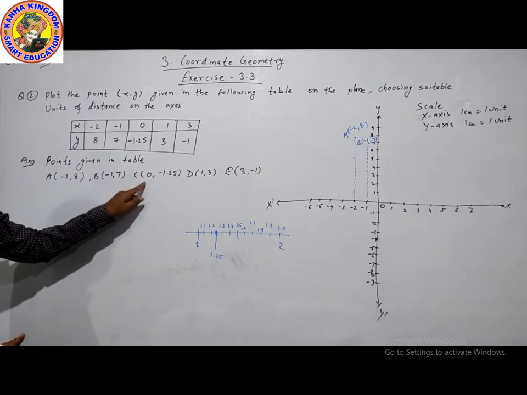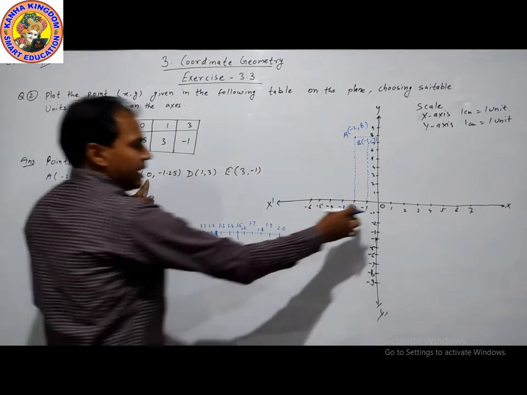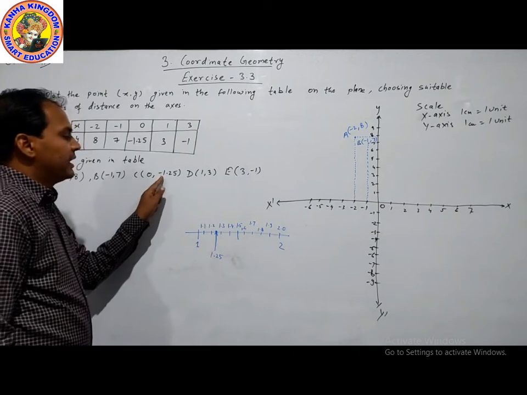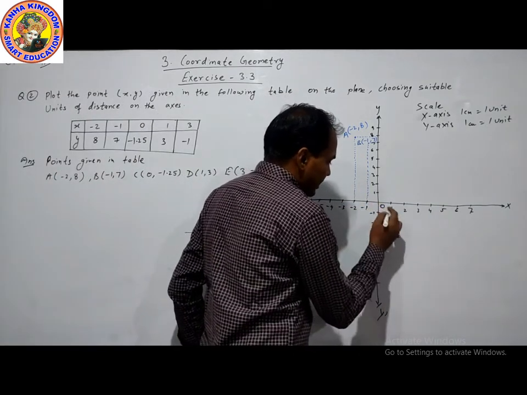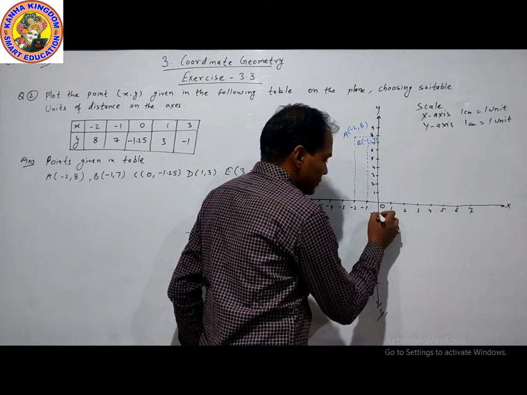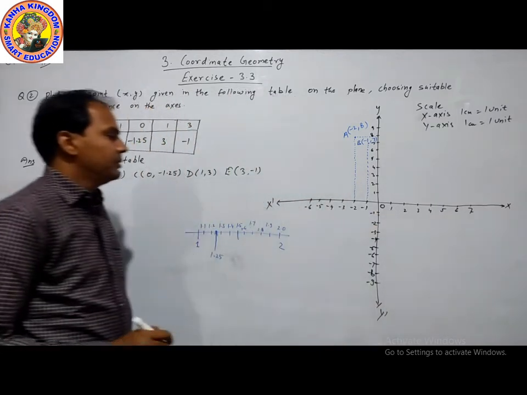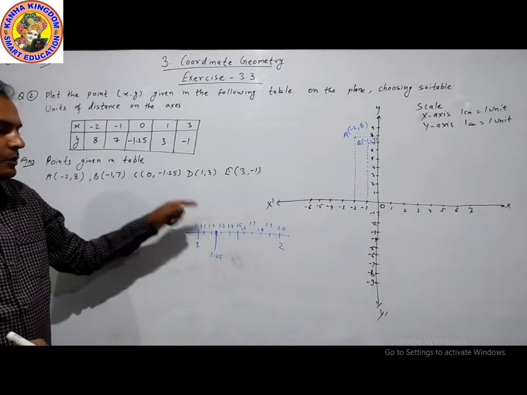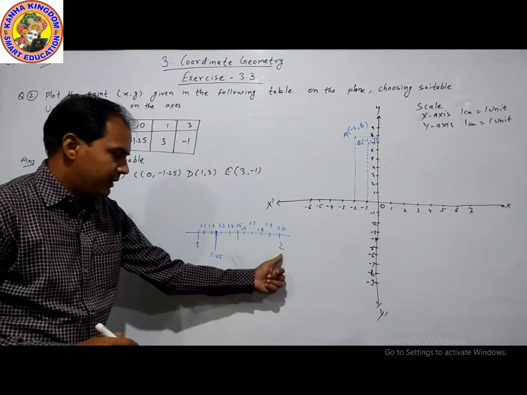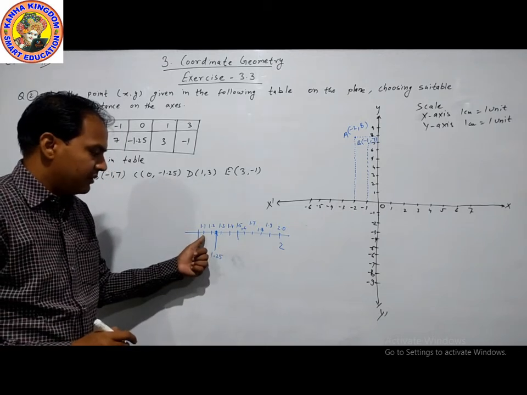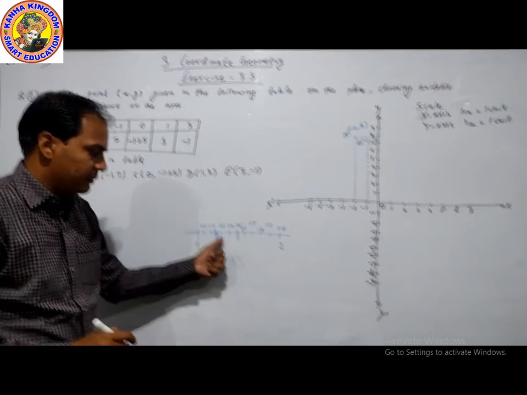Now point C: x is 0, y is -1.25. Taking a scale here and measuring -1.25. Put the scale here on 1 and 2. Here are the small lines 1.1, 1.2, 1.3.